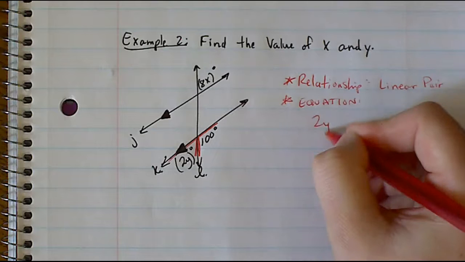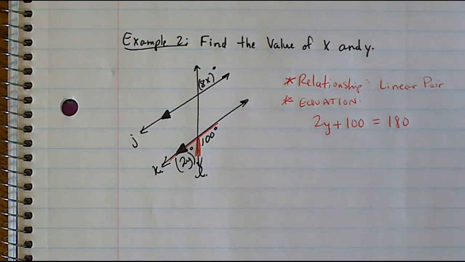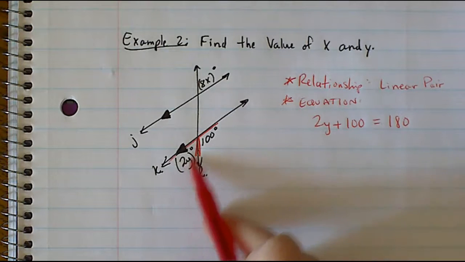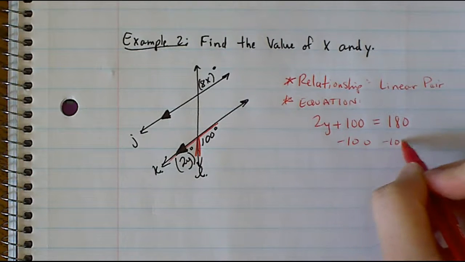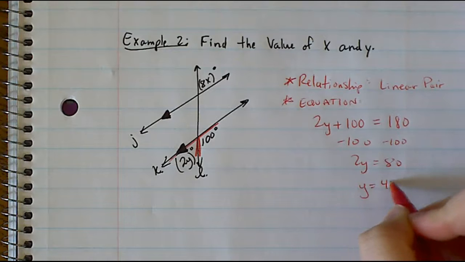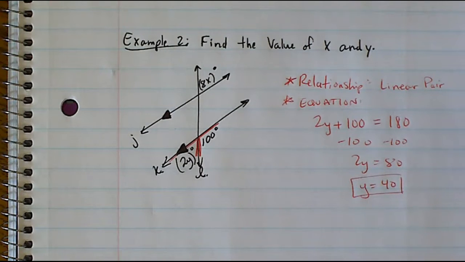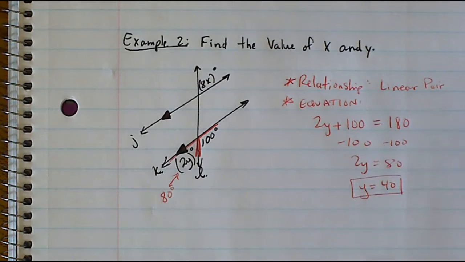So 2y plus 100 equals 180. Now I can solve for y, plug it in, and figure out this angle measure. Minus 100, 2y equals 80, y must be 40. So that means this angle is 80 degrees.